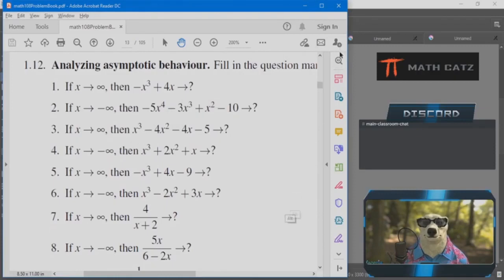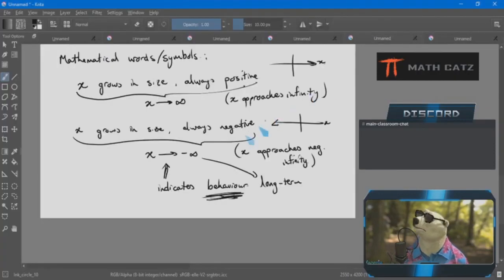Okay, so when I'm looking at long-term behavior, because of the arrow, it's not equal to a number. Infinity to indicate long-term, I'm going forever in one direction or the other. We can also call that long-term behavior asymptotic behavior.